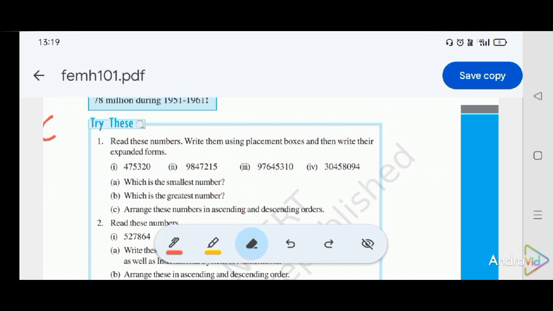So we have written the placement boxes using that placement boxes technique. I have not written the expanded form for the last two. Let us write that also. I am writing for the fourth. You guys try for the rest.